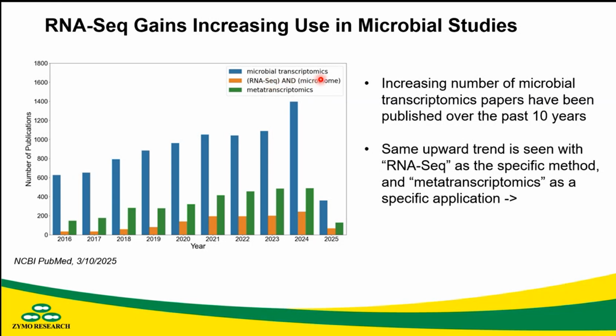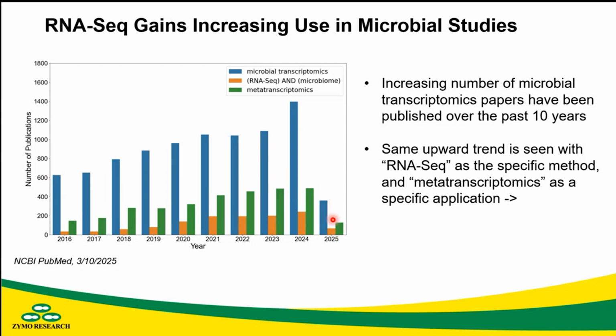And the same upward trend is seen in this orangish bar, where we specify RNA-Seq being the method paired with microbial. And alternatively, when we focus on a specific subcategory or application within microbial studies, that is meta-transcriptomics, we're looking at the same upward trend represented by the increasing green bars here.